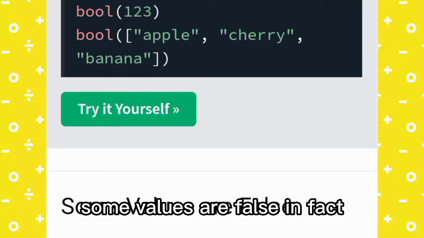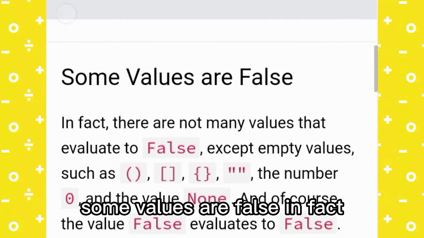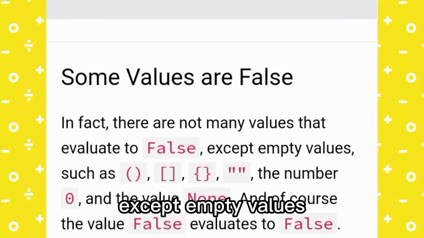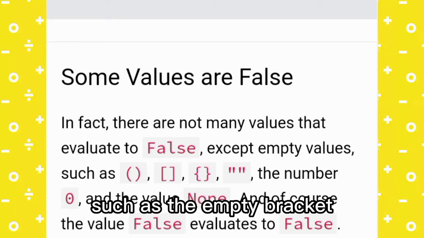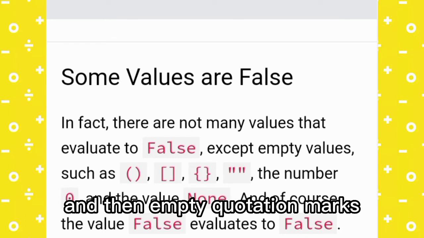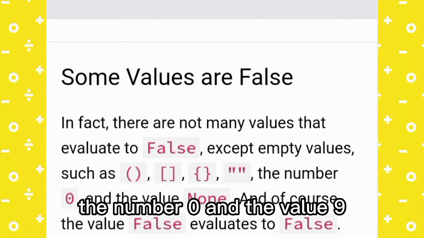Some values are false. In fact, there are not any values that evaluate to false except empty values, such as the empty bracket, empty square bracket, empty curly bracket, and then empty quotation marks, the number 0 and the value None.